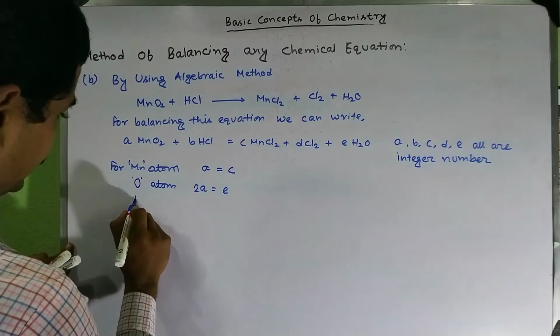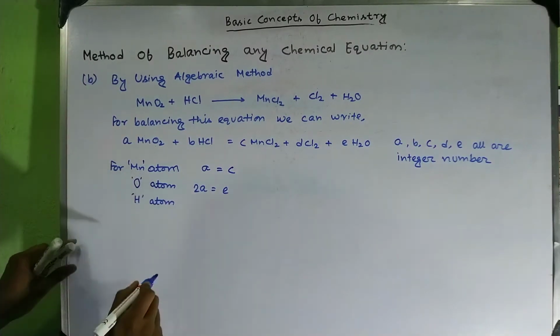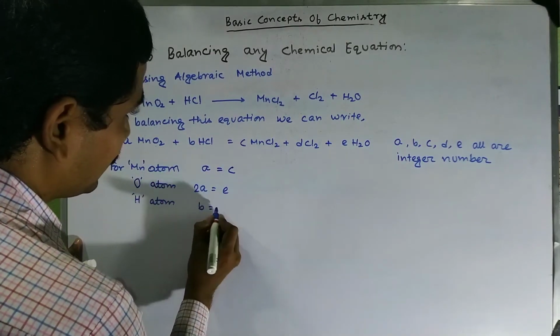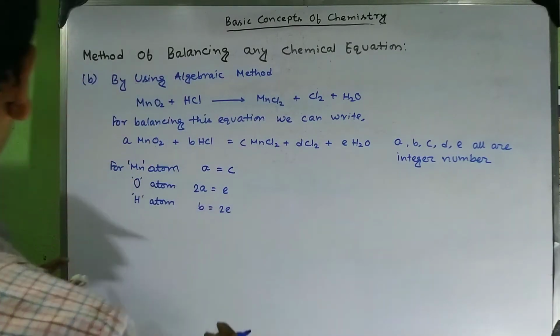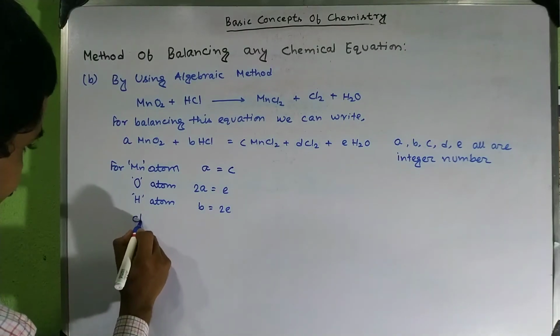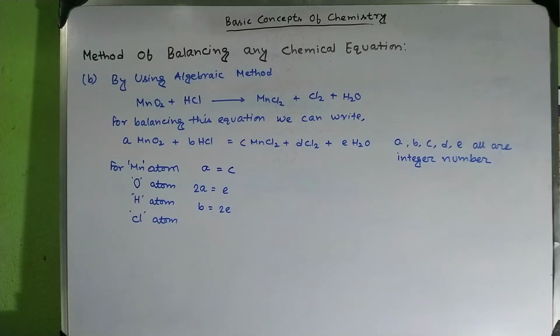For H atom I can write here B equal to, here 2E. Okay, for Cl atom, what?